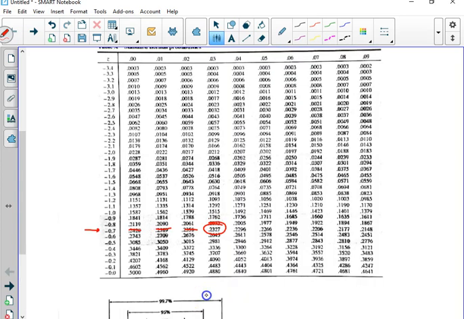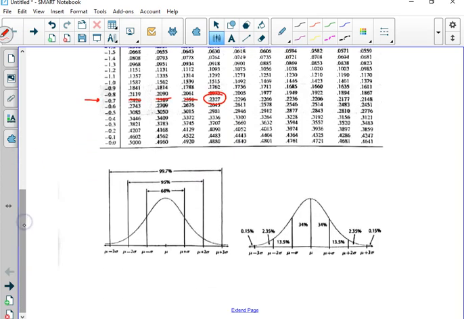I don't have to use the z-chart. I can go right here and say I'm going between -3, so here's -1, here's -2, here's -3. I'm going to go from here through here. All I need to do now is add up 34 plus 34, which is 68, plus 13.5, which is 81.5, plus 2.35.